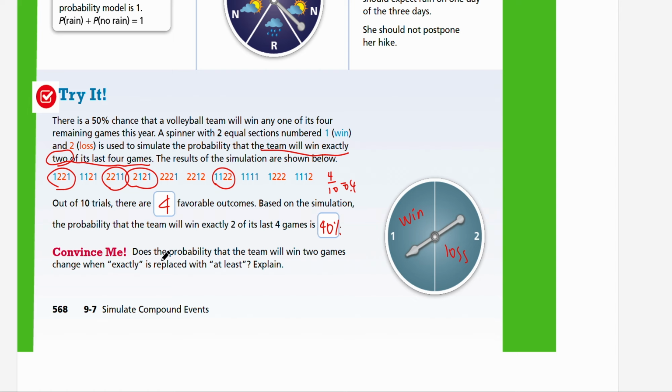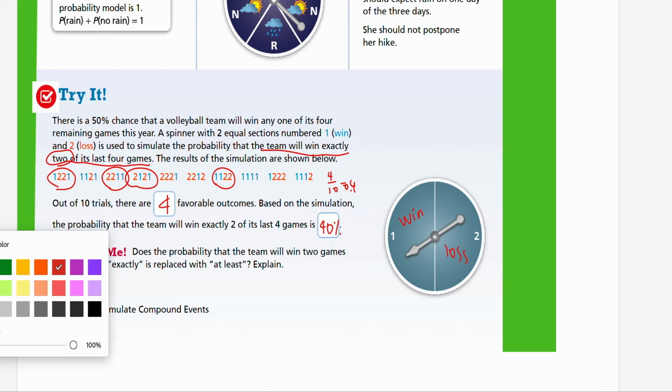Okay, so convince me, does the probability that the team will win 2 games change when "exactly" is replaced with "at least"? So instead of winning exactly 2, if we say at least 2, that means winning 2 games out of 4, or 3, or 4, right?